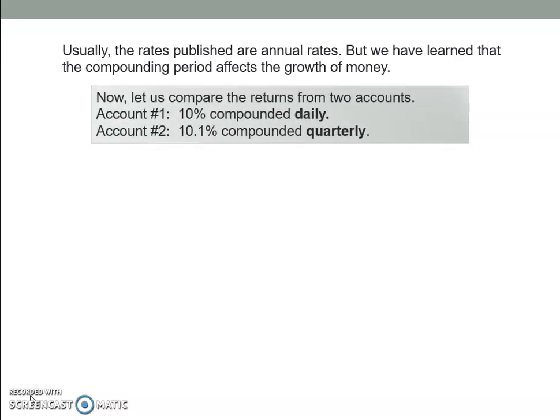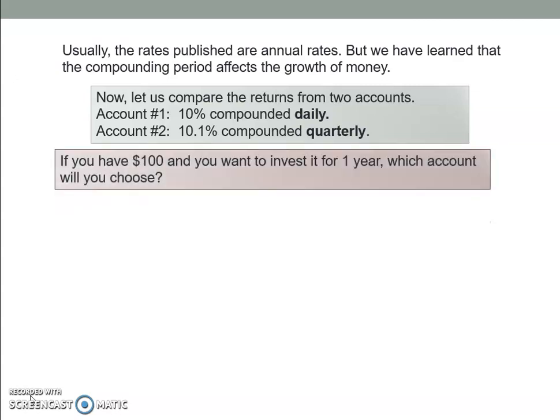So to make it a little bit easier for you to understand, let us compare the returns from two accounts. Suppose you have account number one that gives you a 10% annual interest rate compounded daily. Another account gives you a 10.1% annual rate, but it is compounded quarterly.